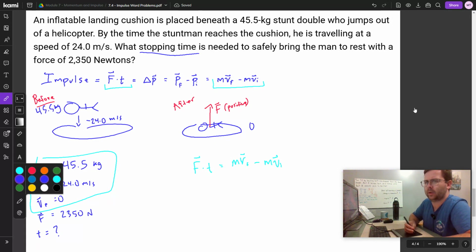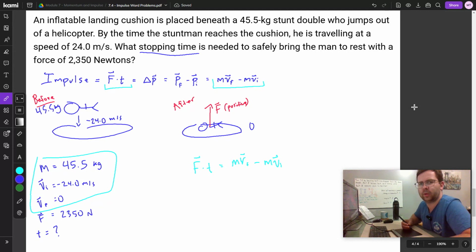Okay, now we're ready to start substituting in the numbers that we've gathered. So the force is 2,350 newtons. The time is our unknown. Mass is 45.5. The final velocity is just zero. Initial velocity is, the mass is 45.5 again.